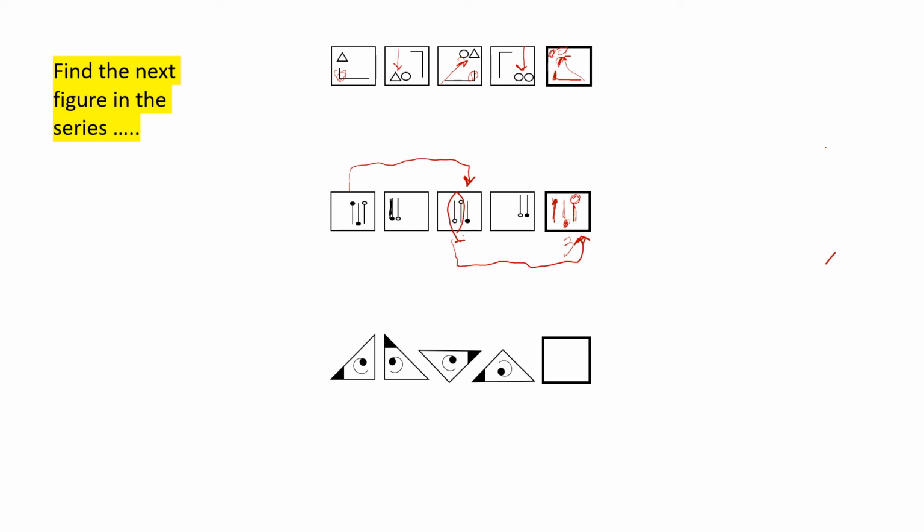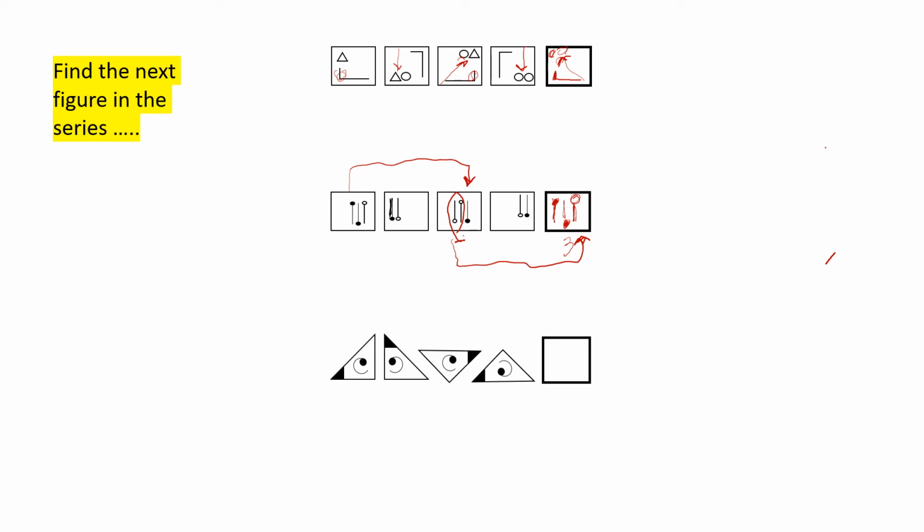So the first stick will have the closed circle on top. The second figure will be upside down with the closed circle at the bottom, and the third figure will be a stick with an open circle on top.